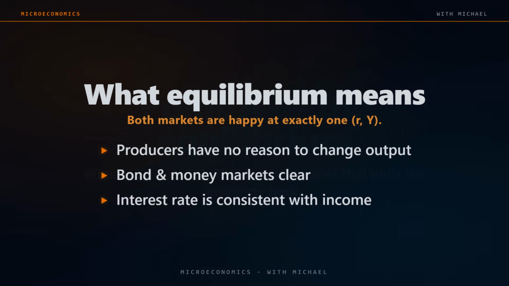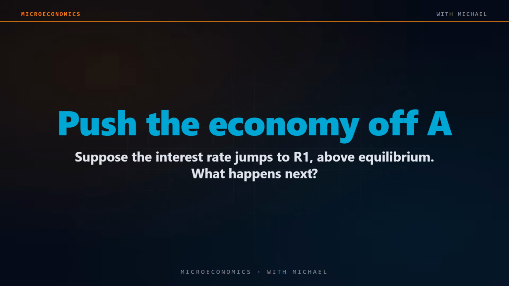Here is where the conflict between the two markets becomes visible. The high interest rate R1 sends two strong signals, one from each curve. In the goods market, the IS curve, a high interest rate means borrowing is expensive. Companies think twice about investment. Households cut back on durable goods. Real production slows down. So the IS curve tells us that at interest rate R1, the implied national income should be Y2, a lower level of output.